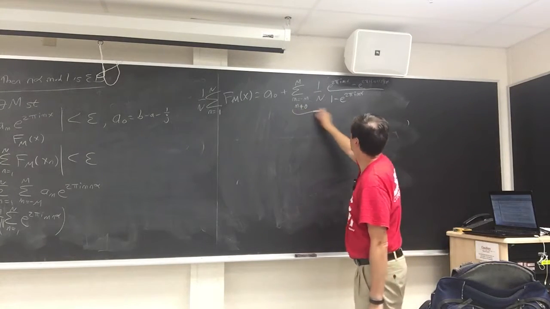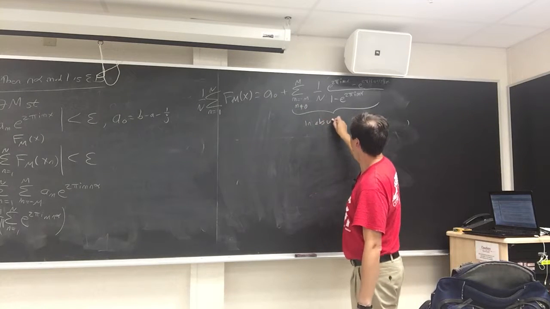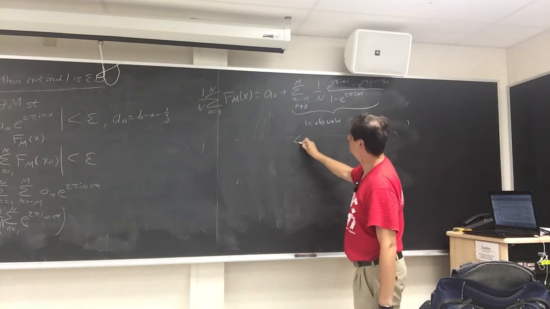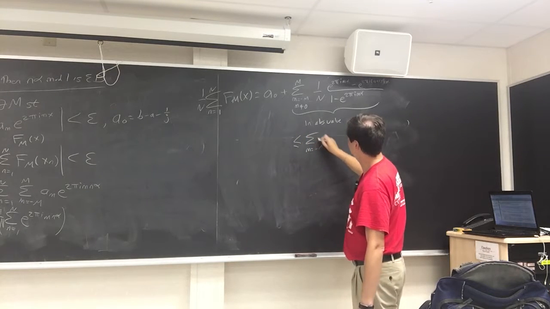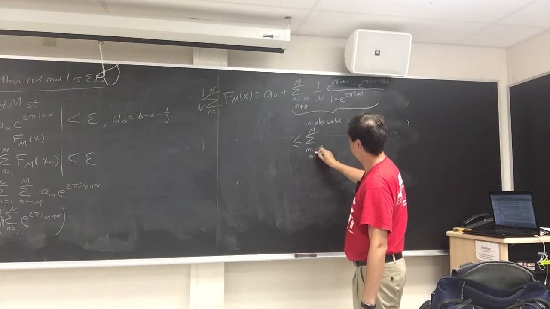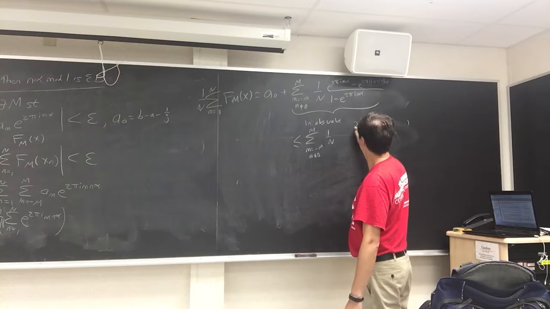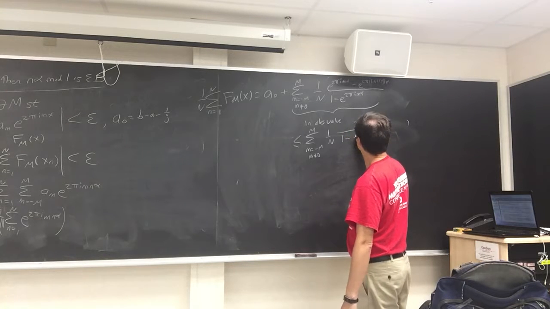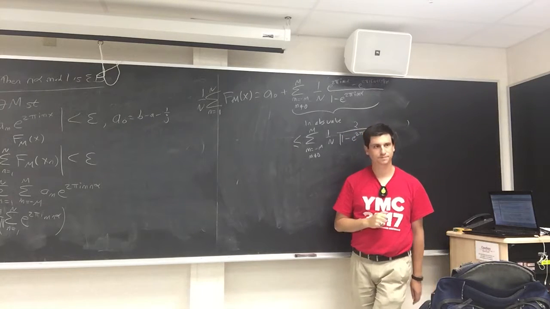So the question is, how big is this? In absolute value, this is going to be less than or equal to the sum m goes from minus M to M, m does not equal 0, 1 over N, 2 over the absolute value of 1 minus e to the 2 pi i m alpha.